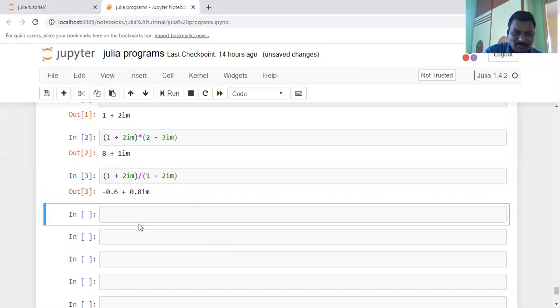First 1 divided by 1 by im, and then 2 divided by 2im. The value 1 divided by 1im is automatically converted into imaginary numbers. And 2 divided by 1 minus 2im.